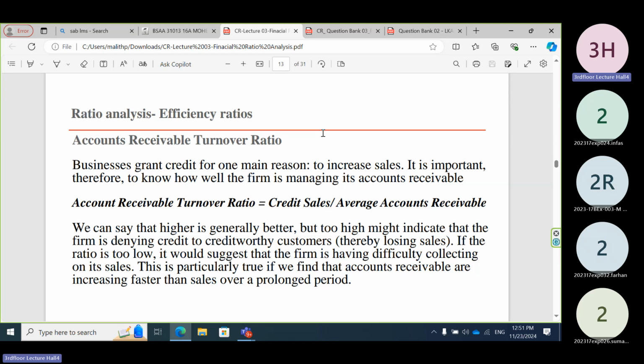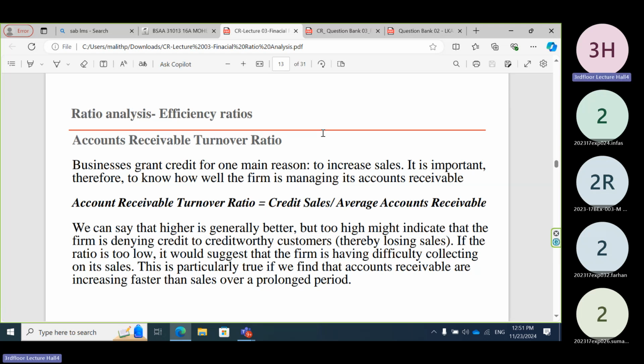Recovery is very low, meaning your receivable balance is getting higher, increasing. So your receivable increasing rate is higher than the sales increasing rate over a prolonged, substantial period of time.